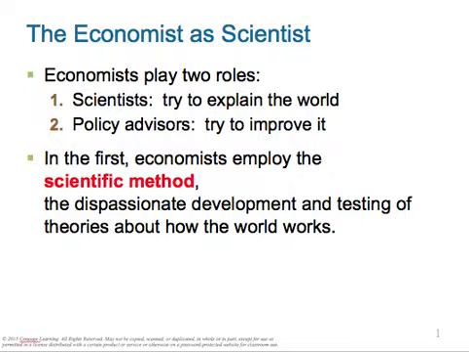In the first role, economists employ the scientific method, which is a dispassionate development and testing of theories about how the world works. You may be familiar with this method in more of your hard science classes, like biology, chemistry. The scientific method essentially is a multi-step method where initially you ask a question about something you want to understand a little better.